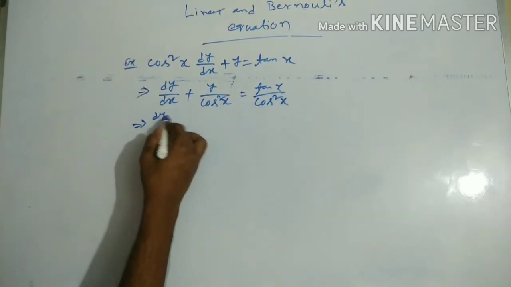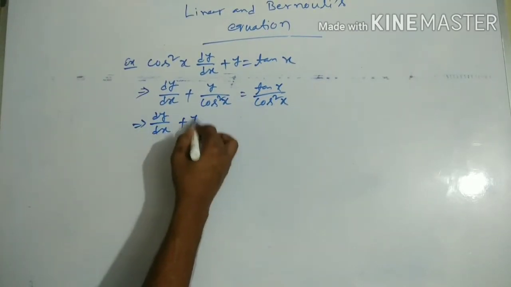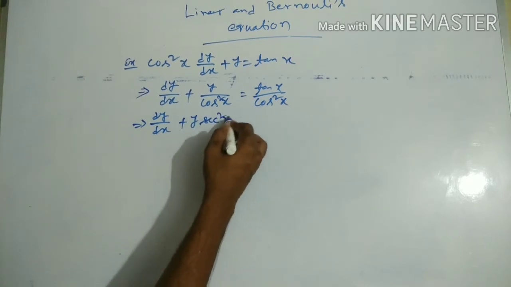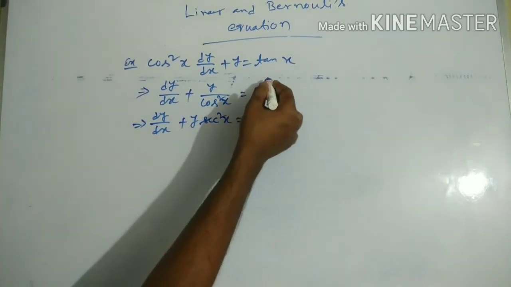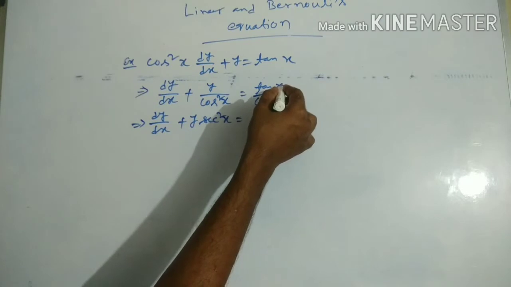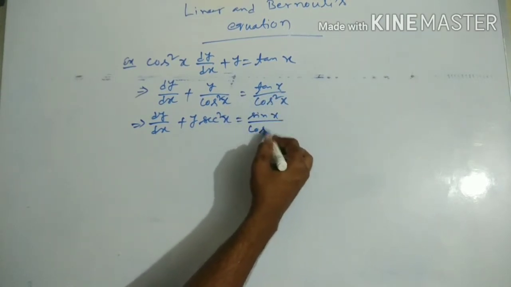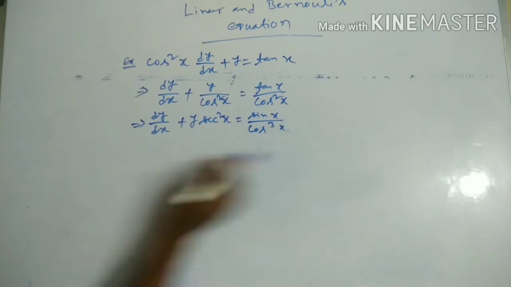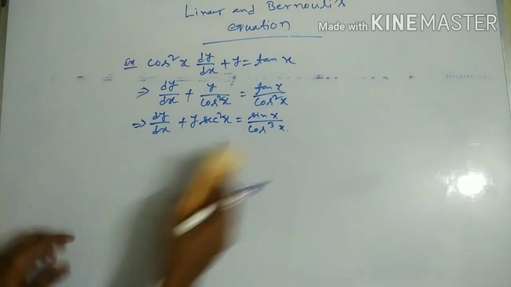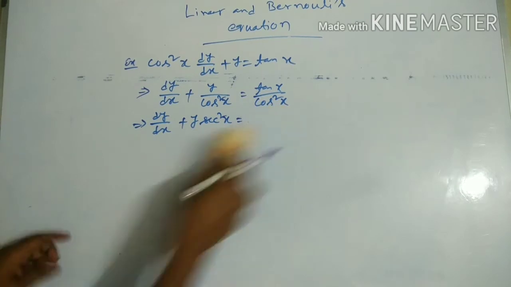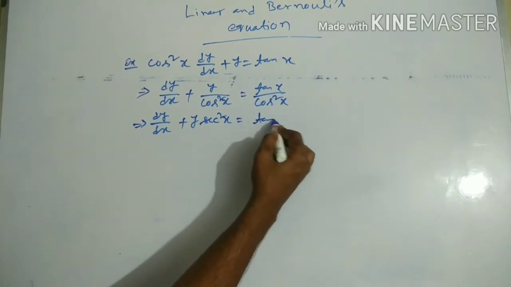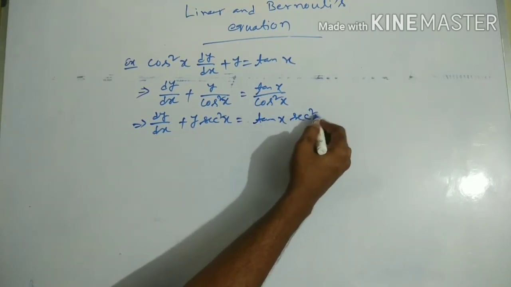So this will be dy/dx + y sec square x equal to sin x/cos cube x. Okay, we can write this as tan x into sec square x.